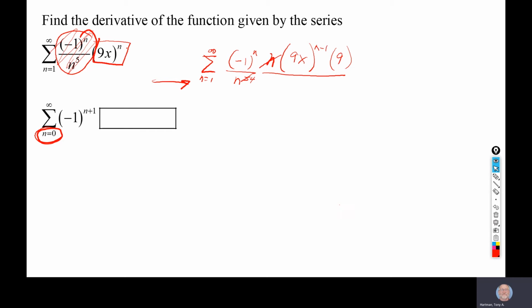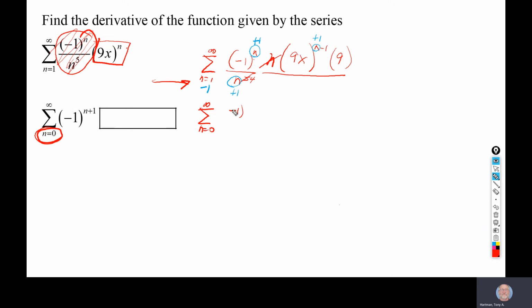So to fix that, we're going to need to subtract 1 from the index on the summation, which means we have to add 1 to each of these. Which would give us this summation. This n equals 0 would now match.